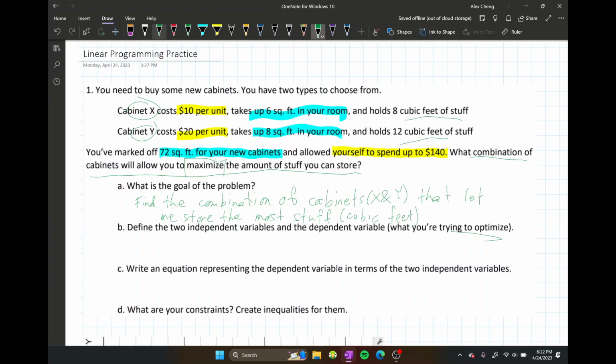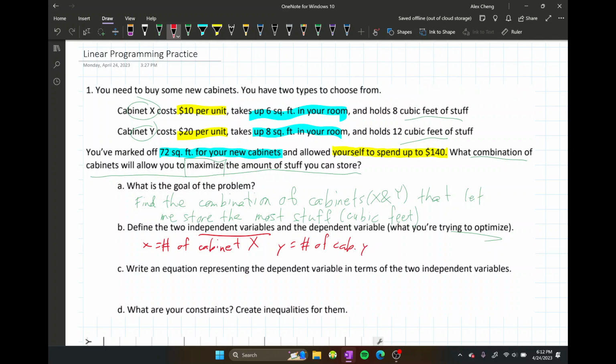So my 2 independent variables are the number of cabinet X's, and I think it makes sense to name that X, and then Y will be the number of cabinet Y's. I'm just going to abbreviate it.